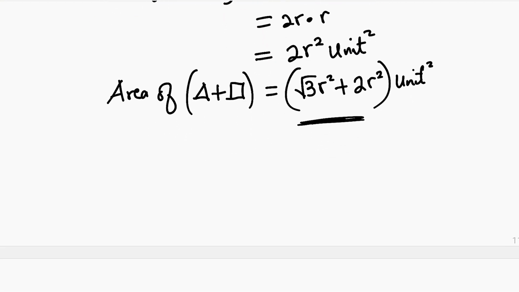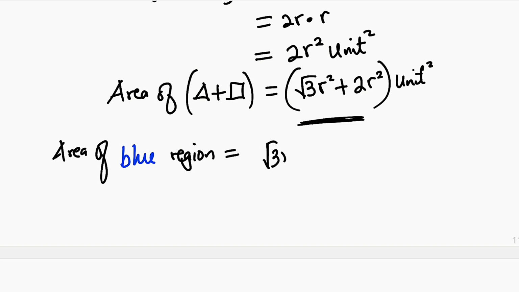So the area of the blue region is equal to root 3 r squared plus 2r squared. Then we take away the area of the circle, which is pi r squared.